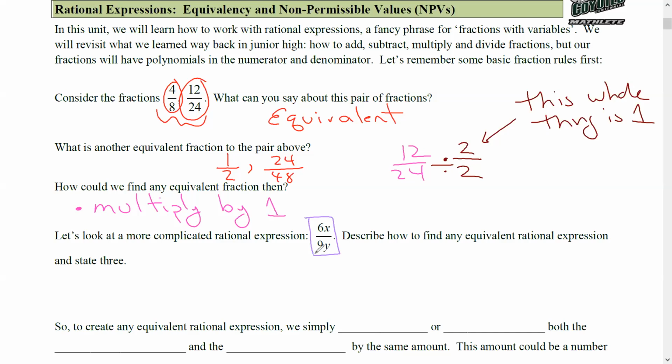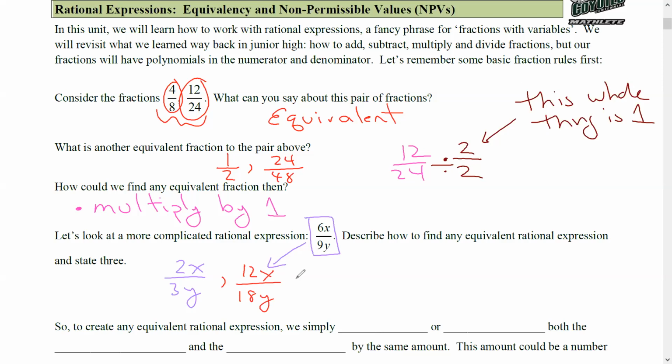So if I wanted to find an equivalent expression to this, I could divide both numerator and denominator by 3, and I could have that. Or I could multiply numerator and denominator by 2, and I would get that.